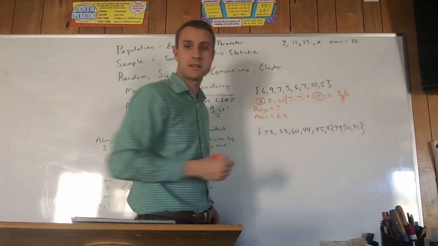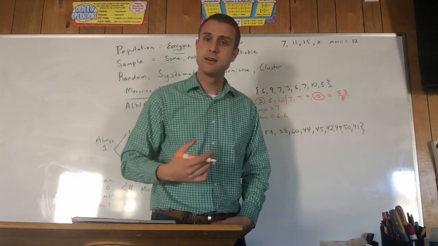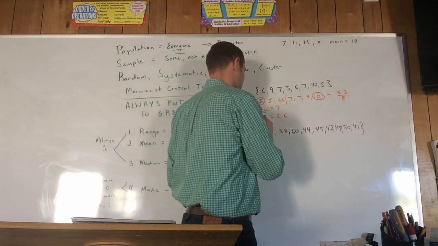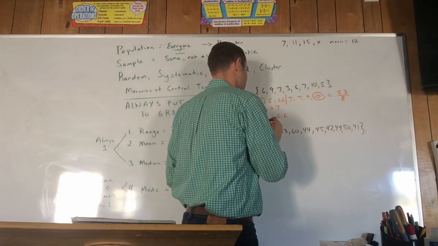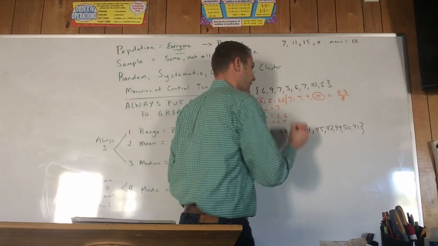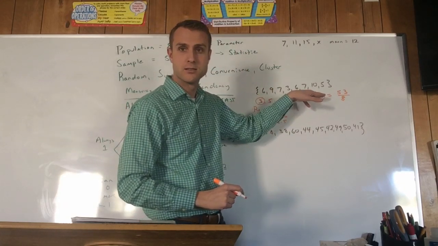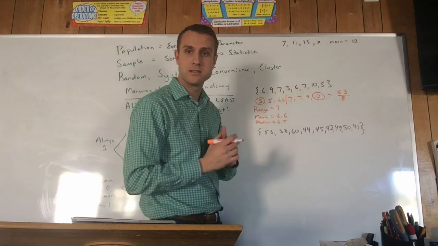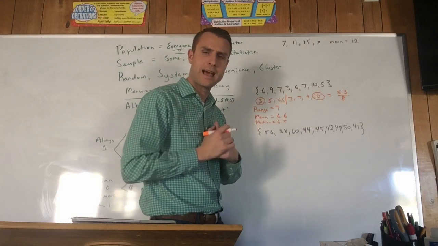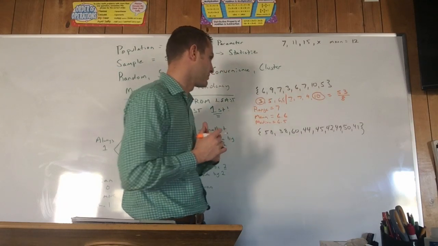So 6 plus 7 is 13, divided by 2 is 6.5. So my median is 6.5. Since I had an even number of numbers, I have two numbers in the middle, so I have to add them up and divide by 2.